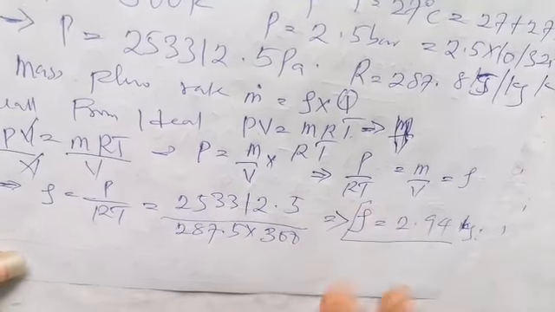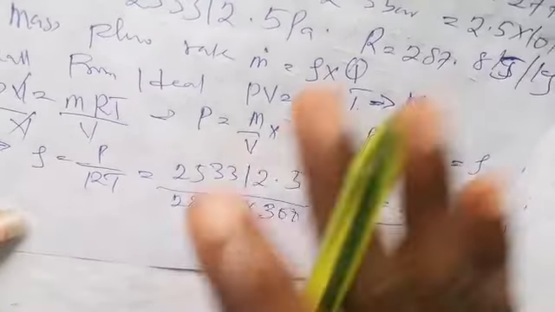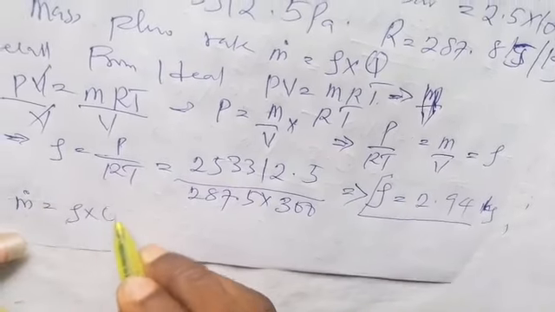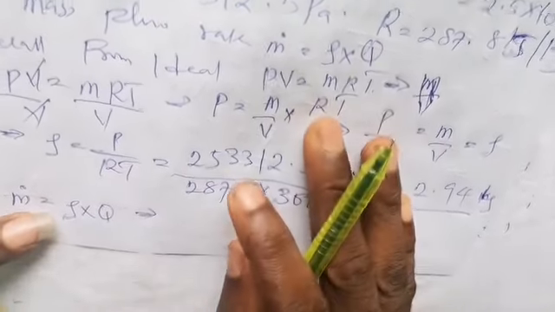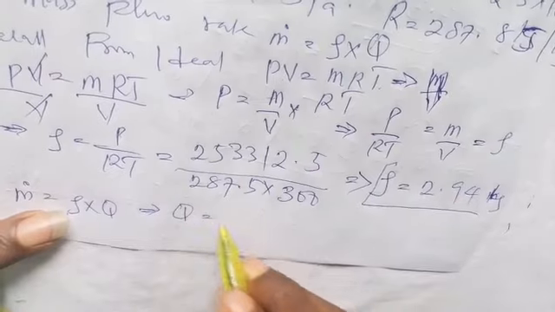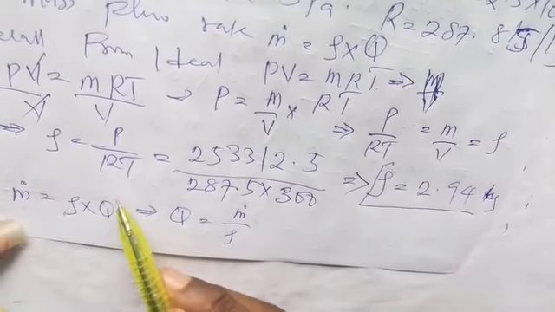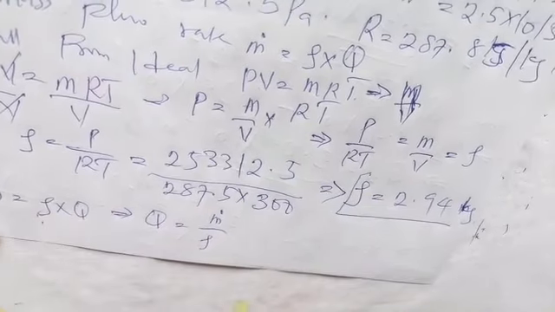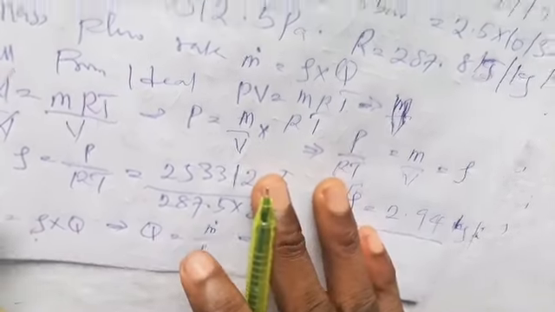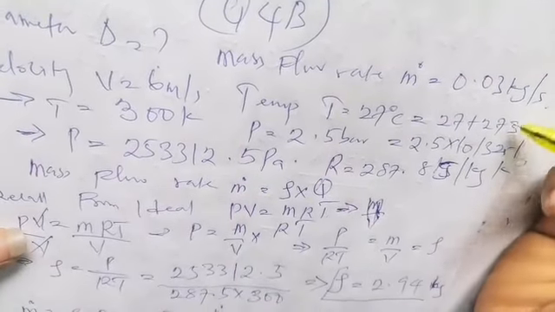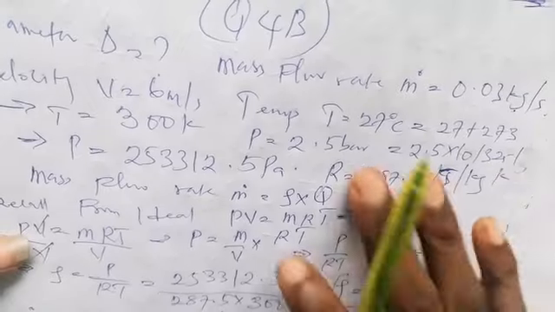Hence, from the relationship mass flow rate equals density times discharge, I can make discharge the subject of the formula. It becomes mass flow rate divided by density. Recall from the question, the mass flow rate was given to us as 0.03 kilogram per second, as can be seen here.